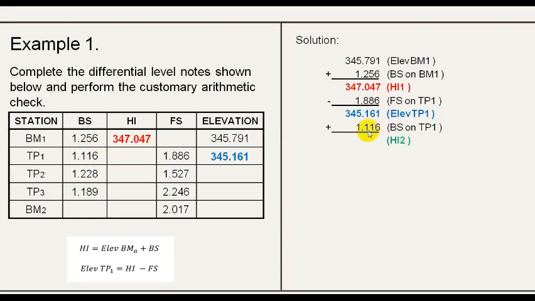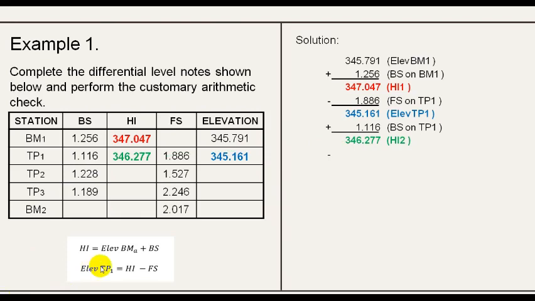Then, it will be equal sa atong second setup sa instrument, which is 346.227. 346.227 meters ang atong elevation sa atong line of sight.